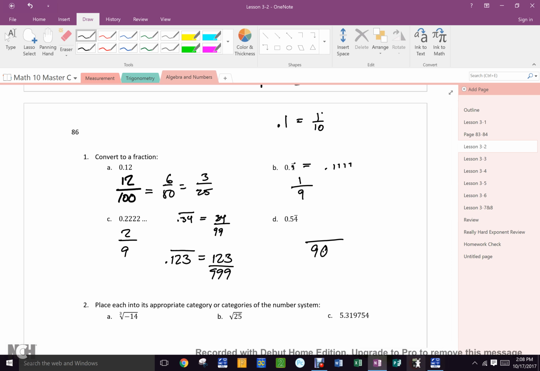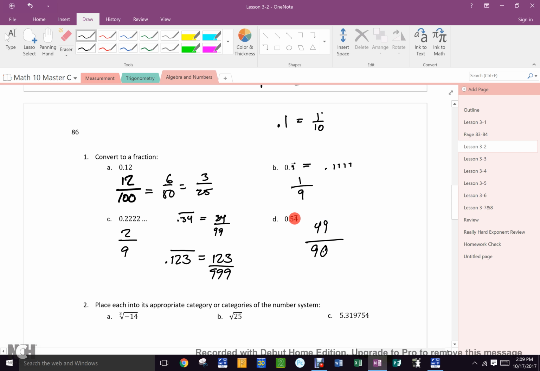Okay, so what would be the next one? 53 over 90. Check it. Does it work? Sure. Okay, what's next? 52 over 90. Did it work? 51 over 90. Nope. We can skip 50 over 90 because that's 5 over 9. We know that's a fraction. What's next? 49. Try 49 over 90. Did it work? So we know this is 49 over 90.